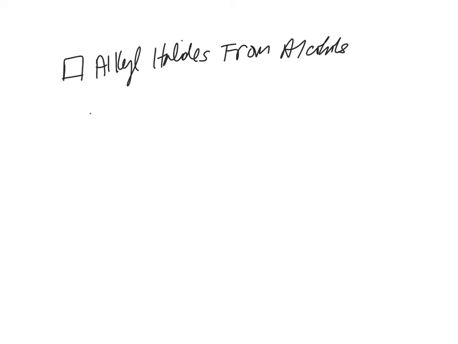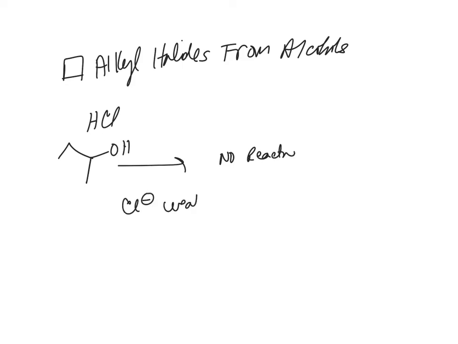And the problem with HCl, so if you wanted to do this with HCl, you're going to get no reaction. It's because the chloride is a weaker nucleophile than the bromide. It's small, it's less polarizable.